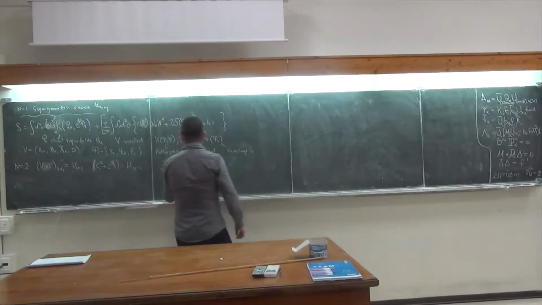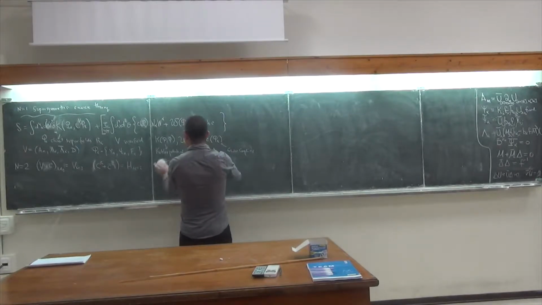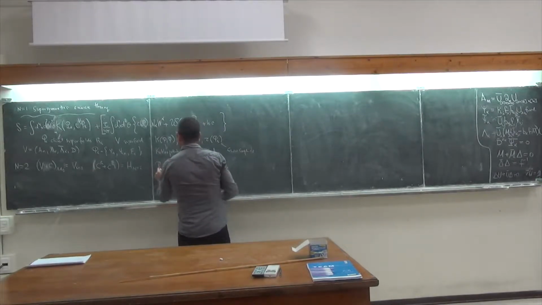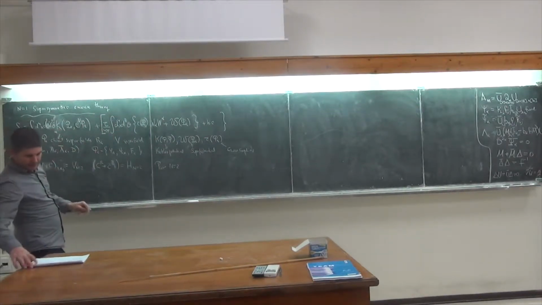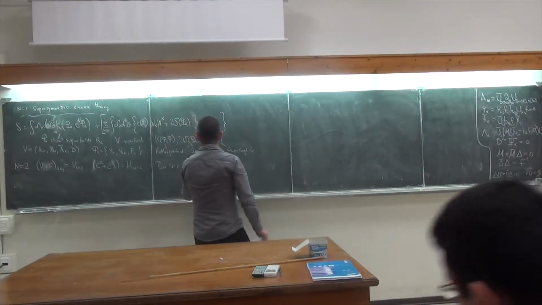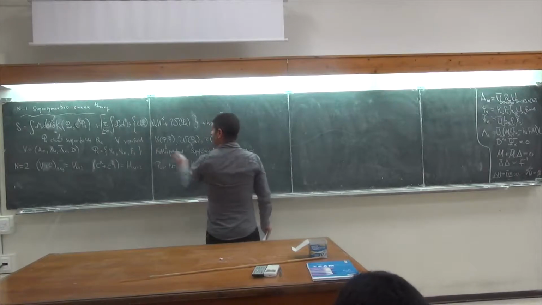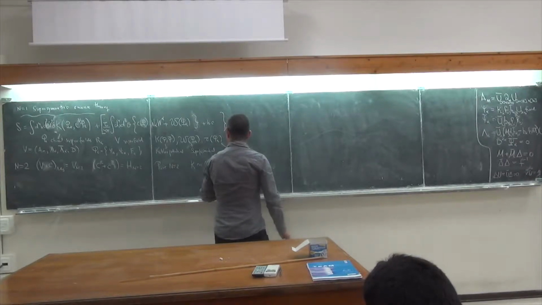But the important point is that N=2 is a special case of N=1. For example, pure N=2 corresponds to the choice where K is roughly the derivative of F with respect to phi and phi bar.